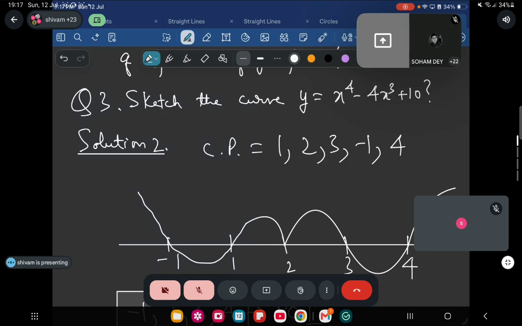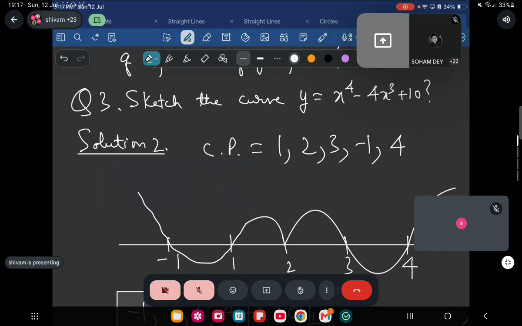Like Rhythm, you can see. One thing you missed. Try to sketch the curve. Small mistake is there. Means you have also missed one thing.